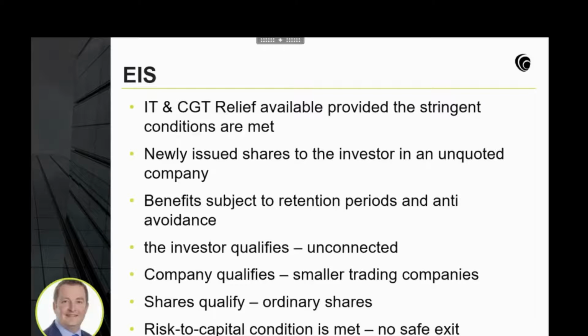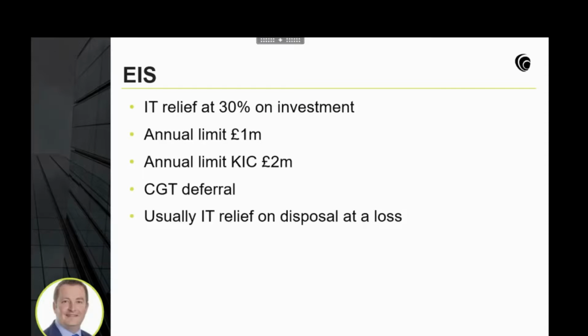But what reliefs are available? The individual investor receives or can receive 30% income tax relief on the value of their investment. So if they invest £100,000, their income tax bill is reduced by £30,000, but they must otherwise have sufficient tax liability to cover the relief.